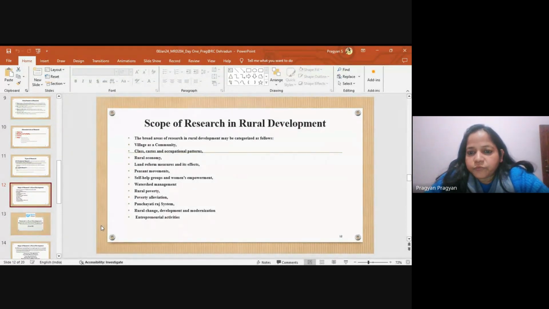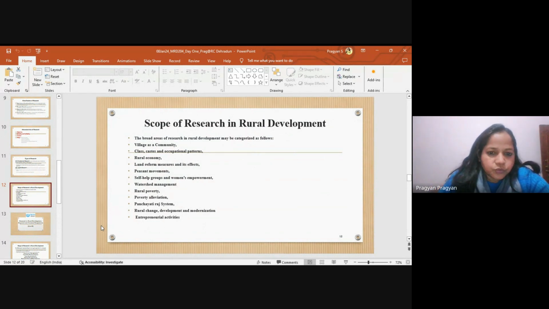Either you are going to opt for some state-owned development related responsibility, or become a freelance development professional, because the broad areas of research in rural development, like rural poverty, land reforms, poverty alleviation programs, community resources management, watershed management, cover a very wide spectrum. So, this is all about the scope of research.